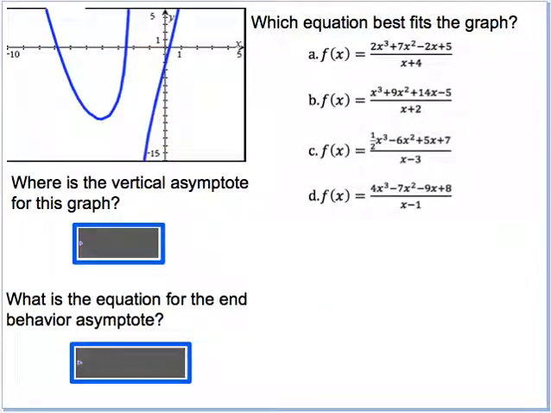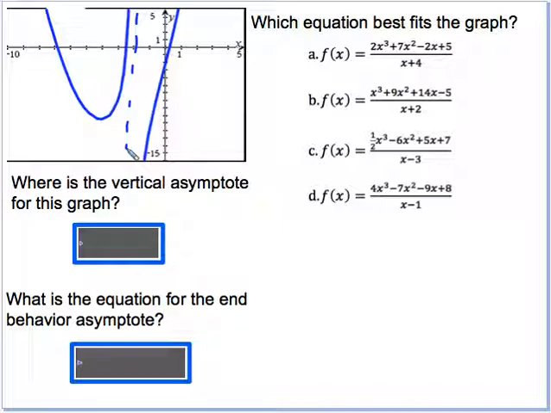All right, my class is coming in, so I got to get this finished up. I think this is the last one, which equation best fits the graph. Okay. Again, because you have a multiple choice test, you can plug each one of these in and see which one best fits the graph. I will tell you, just a shortcut, it looks like you have a vertical asymptote right there at -2.